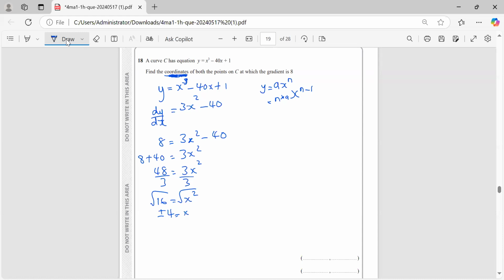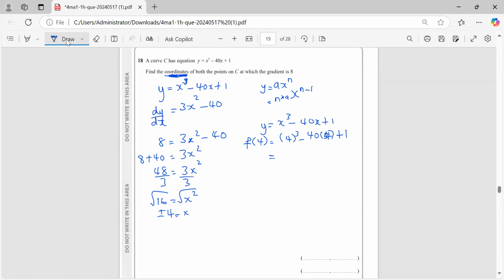We are now going to substitute these values of x back into the original equation, which is y is equal to x cubed minus 40x plus 1. So it's just f of positive 4. That means 4 cubed minus 40 times 4, and then you add 1.